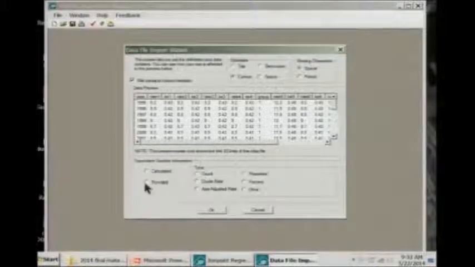So down here, I'm not asking the program to calculate anything, so I've provided the dependent variable, the rates. I'm clicking provided down here, and it's not count data. The data are already rates, and you can see what your other choices are there. So I'm going to click OK.